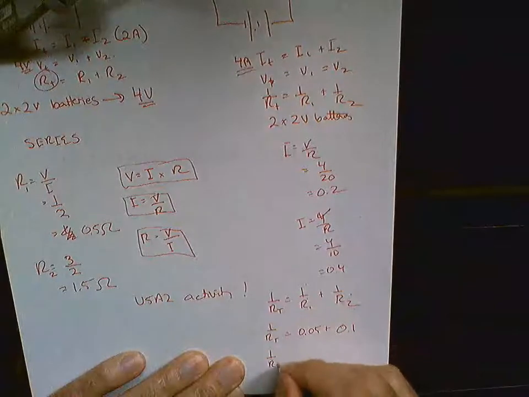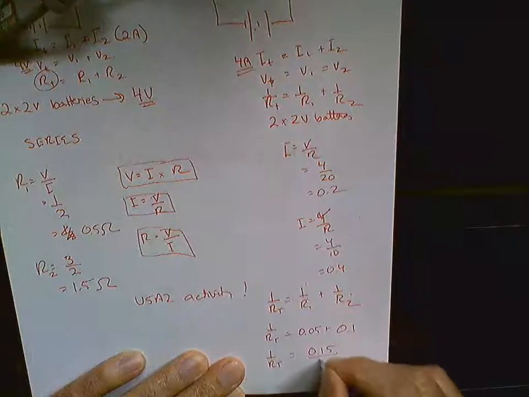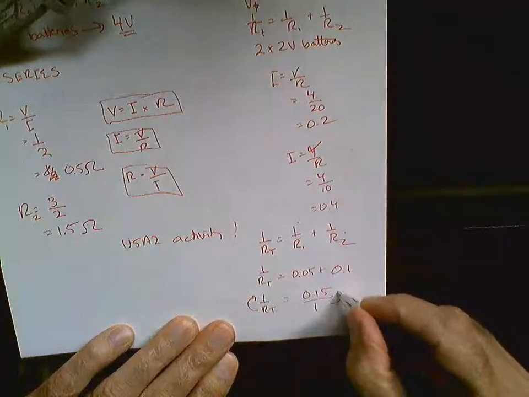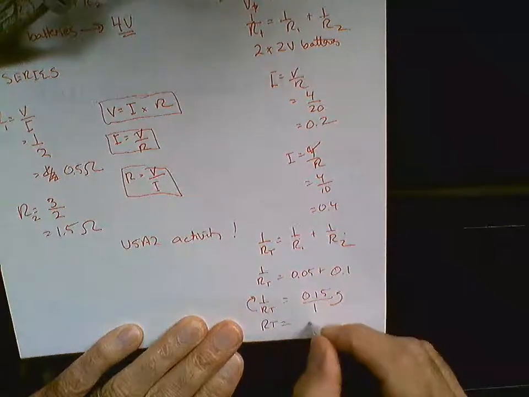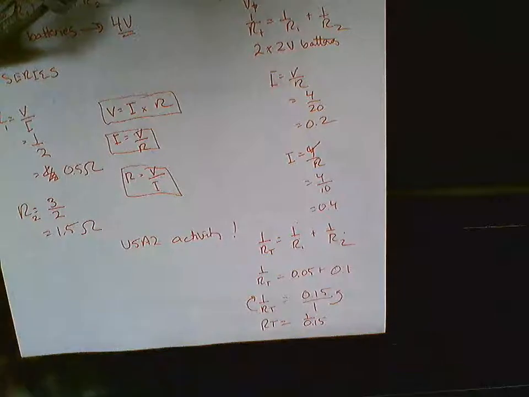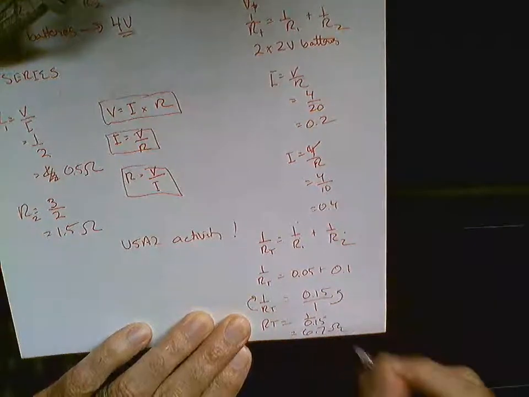So 1 over RT is equal to 0.15, which is the same as 0.15 over 1. So to solve for RT, all I do is flip both sides. Math teachers would kill me for doing this. RT is equal to 1 over 0.15. So now all you do is divide 1 by 0.15, and that's equal to about 6.7 ohms total.